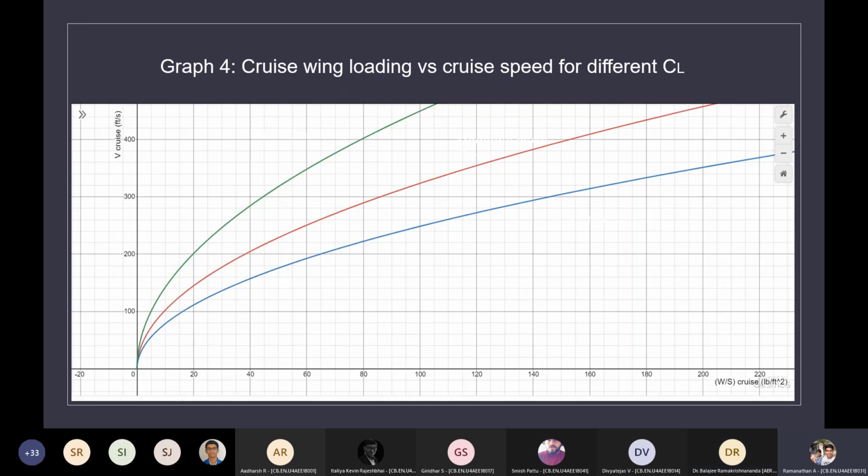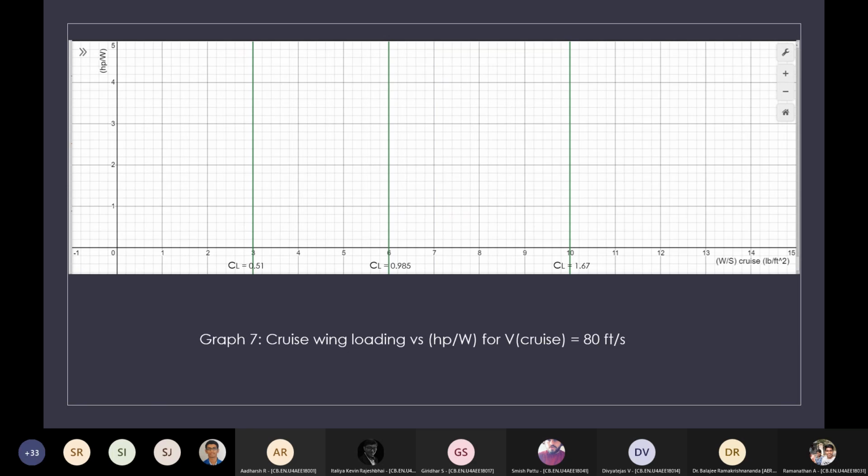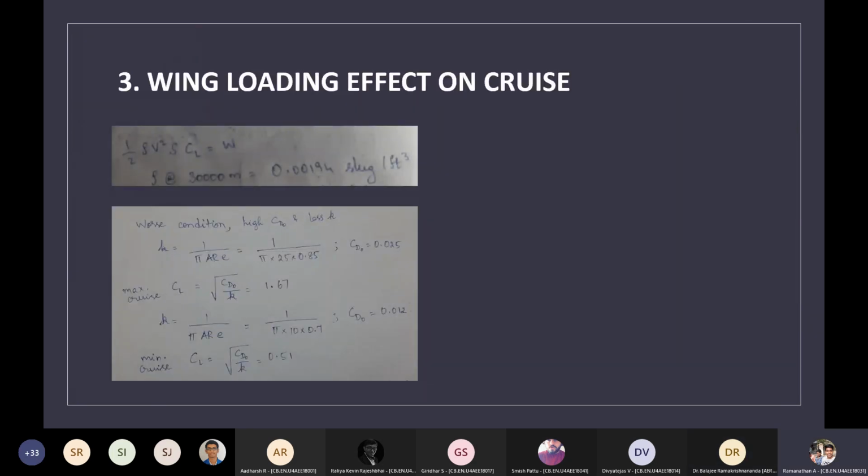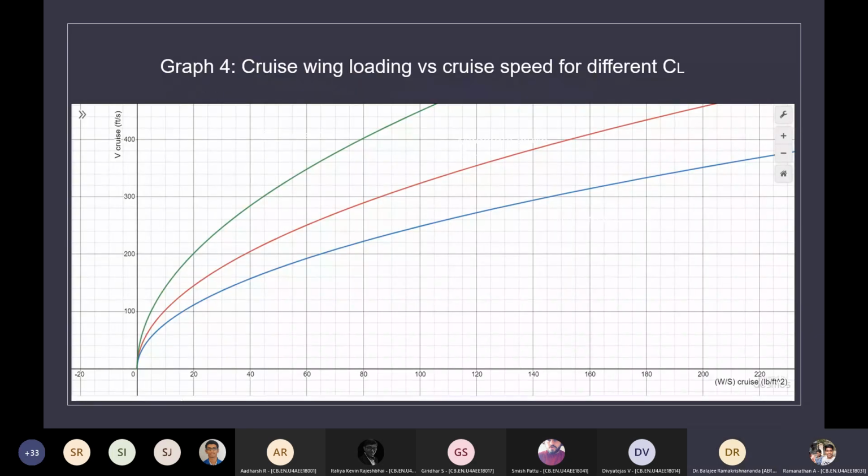So for these three different CL, the blue line corresponds to... Sir, actually, I'm missing one diagram, sir. Now, I'll explain using this diagram itself. So the highest CL corresponds to CL cruise, sir.